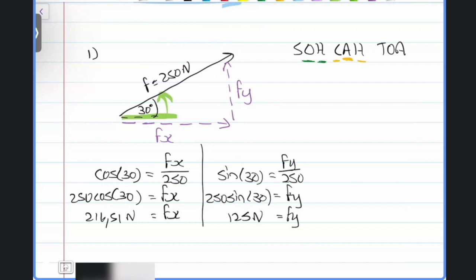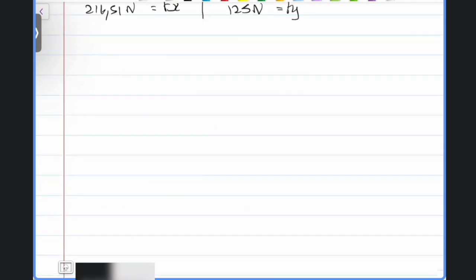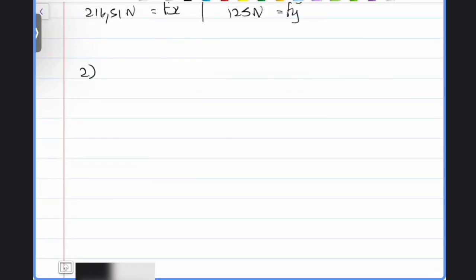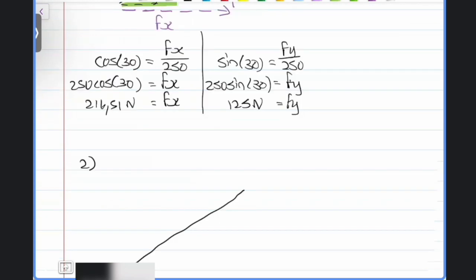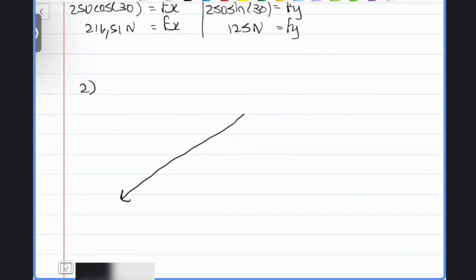Okay, so now what I would suggest we do is make sure we understand how these work in different directions, right? So let's say we had one like this here. And remember, the most important thing is to make sure that you're working with the angle between the x-axis and our vector, our diagonal.